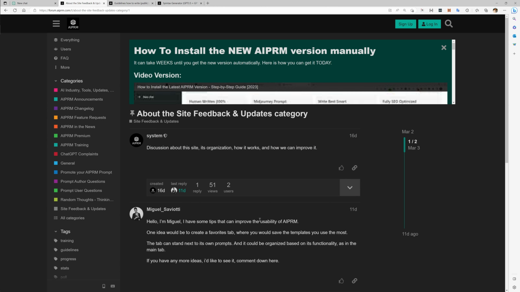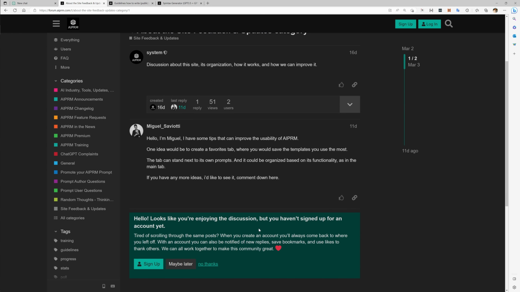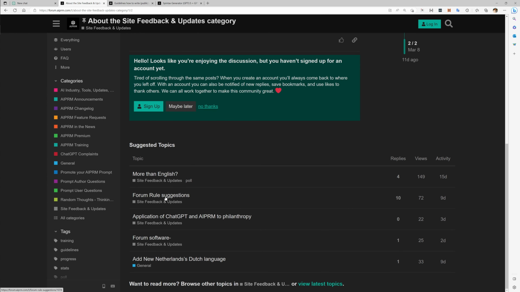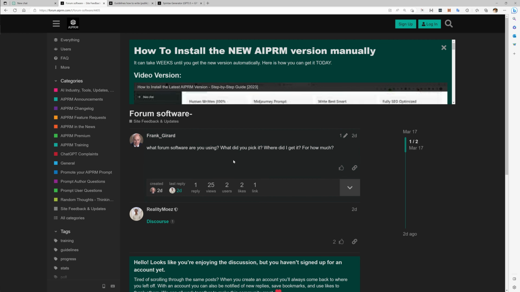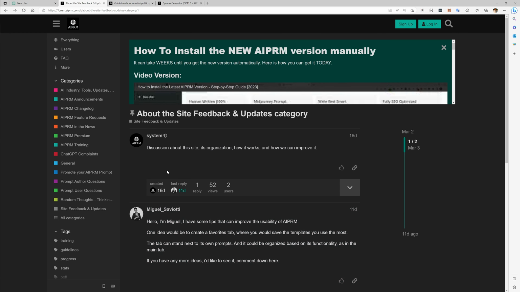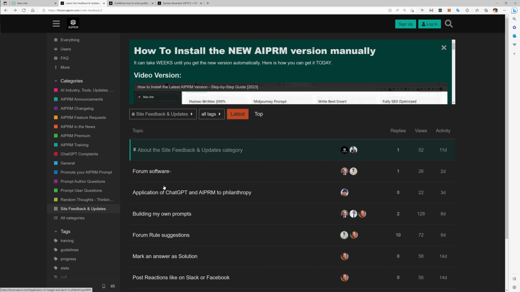But if you really want to make your message being read, being heard, please post it here in this specific site feedback and updates category, where you can talk about which forum software we're using, or I want to suggest that this and that category would be important, etc. This is where we collect your feedback, where it would most definitely be read and talked about, right?